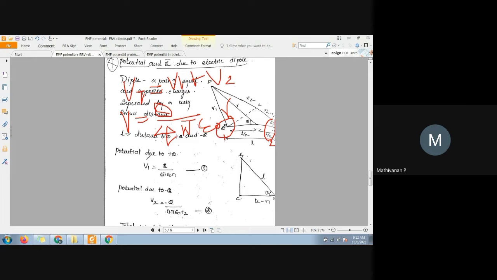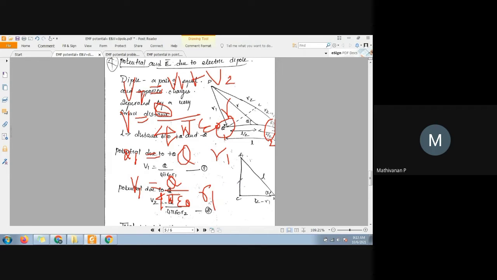Now if you apply for charge Q1, charge Q1 is nothing but a positive charge, so positive charge is nothing but Q. And the distance between point P and Q is nothing but R1. So if you substitute both parameters in this equation, for Q1 charge I am representing it as V1. It is nothing but Q divided by 4 pi epsilon naught R1. So this is your V1.